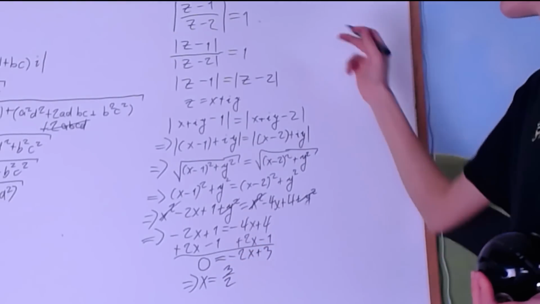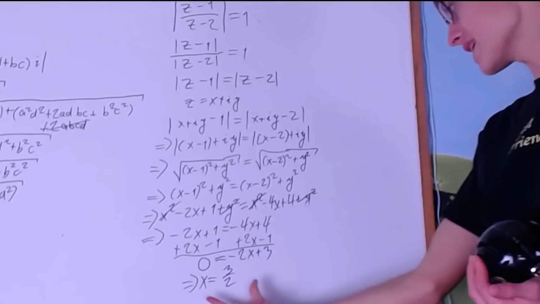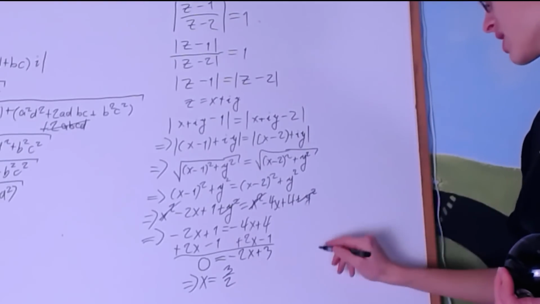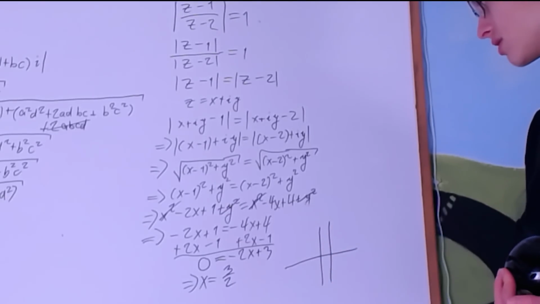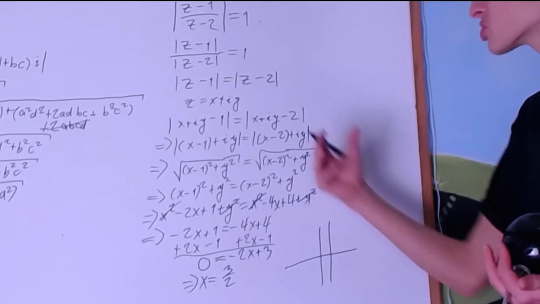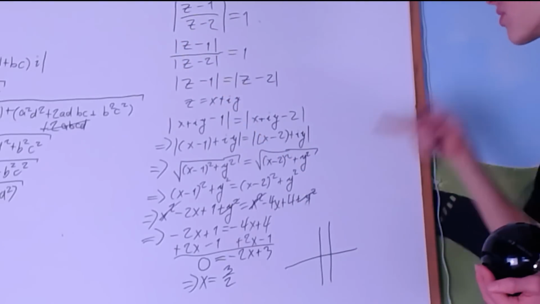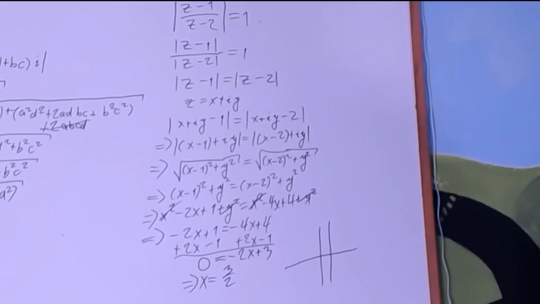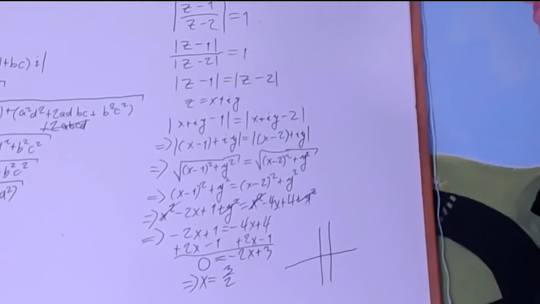Which is weird, because we started off with this magnitude expression, and somehow we ended up with just a constant real part. So if I were to graph this, it'd look like that. Just a vertical line. Starting off with this huge magnitude expression, it's simply a vertical line, which I think is really cool. But it is also very anticlimactic. How all that work just got us to a line.